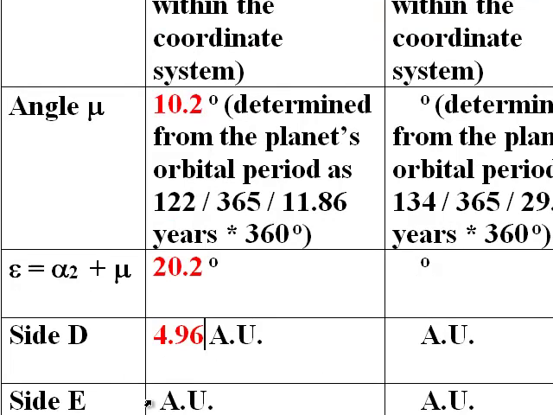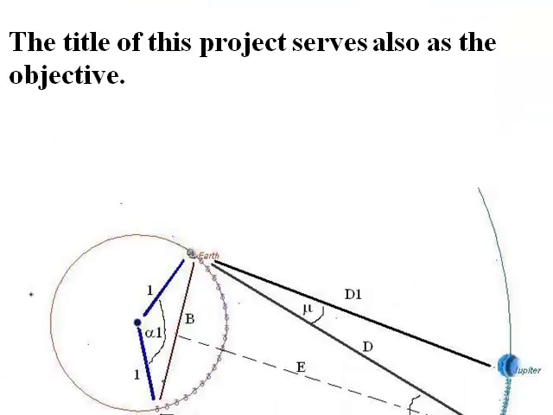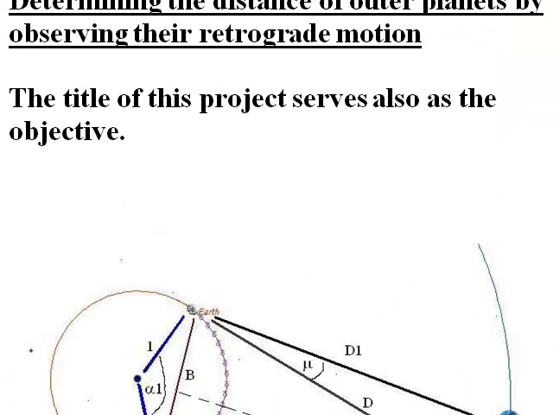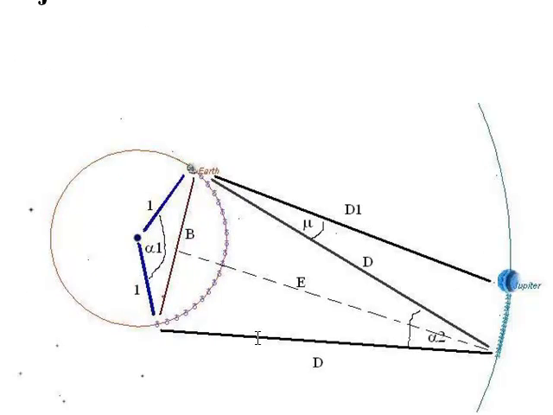4.96. Side E is using the Pythagorean. So that's the distance from the baseline all the way out to Jupiter. So a moment ago I calculated side D here, which was that complicated square root equation with the cosines.